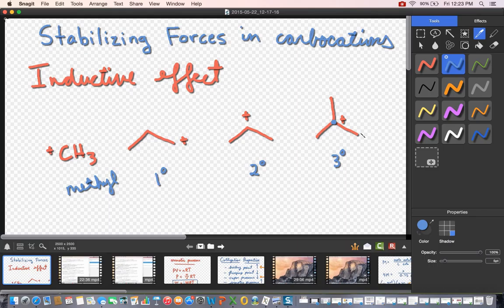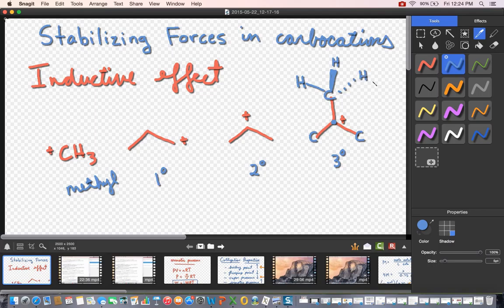So what is relevant is that the carbons that are attached to the carbon with the carbocation are bonded to hydrogen atoms. So remember, with tetrahedral geometry, you have two of the four bonds in the same plane. The third bond must come out of the plane, and the fourth bond must go into the plane.